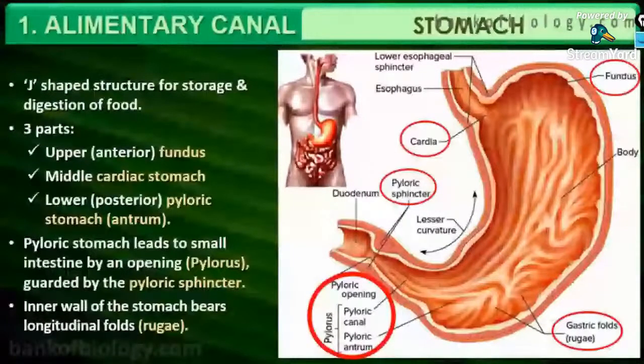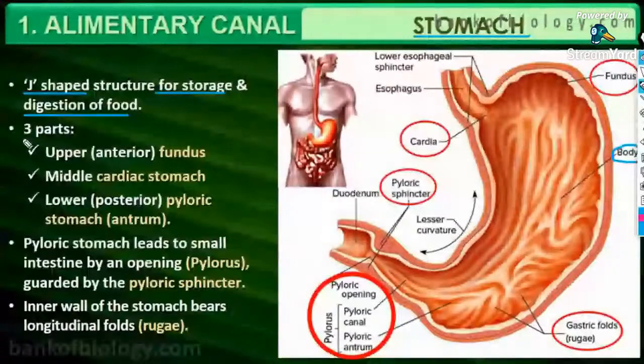Clear? So, the stomach is actually a J-shaped structure which is used for storage and digestion of food. There are three parts as per our NCERT, the slides are prepared. In certain reference guides, you will see four parts: fundus, cardiac, body, and the last part, the pylorus or pyloric part.